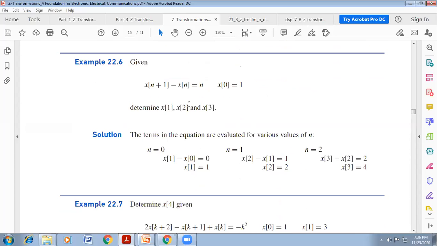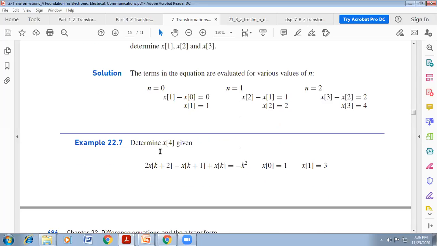Now to determine x1, x2, x3, we can rewrite this difference equation. For n equals 0, just putting n equals 0, we get x1. For n equals 1 in this difference equation we get this, and for n equals 2 we get x3. Understand? Very easy for you.